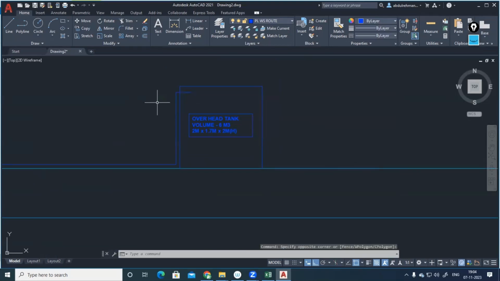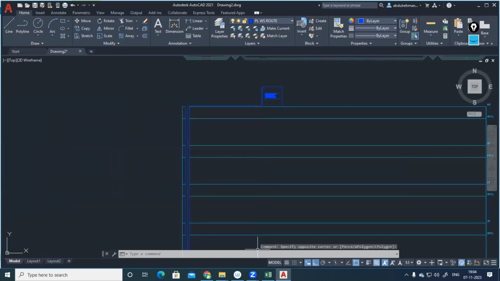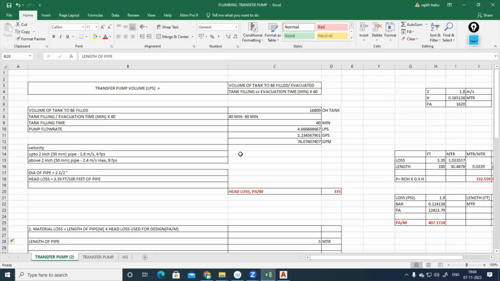Normally this transfer pump is filling the overhead tank, right? So the transfer pump flow rate will be the volume of tank to be filled divided by the tank filling time in minutes, multiplied by 60.